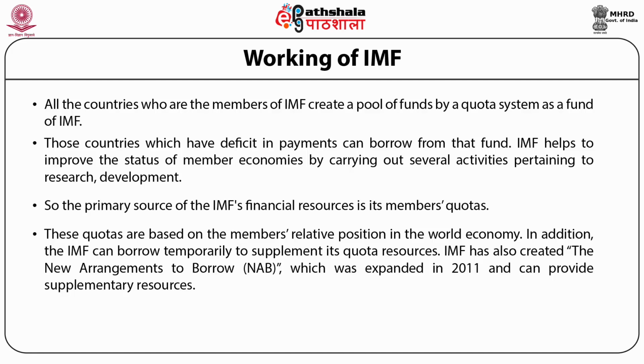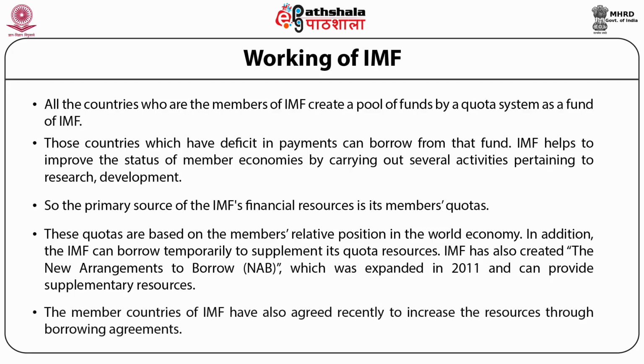The IMF has also created the New Arrangements to Borrow, which was expanded in 2011 and can provide supplementary resources. The member countries of the IMF have also agreed recently to increase the resources through borrowing agreements.